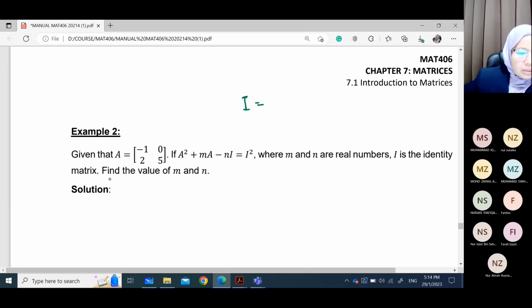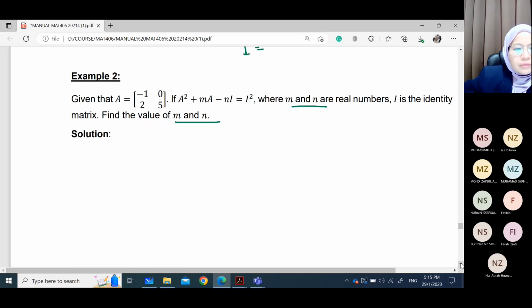Okay, so given A is -1, 0, 2, 5. So if A squared plus MA minus NI equivalent with I squared, where M and N are real numbers, I is the identity matrix, find the value of M and N. Okay, nak cari M dan juga N.